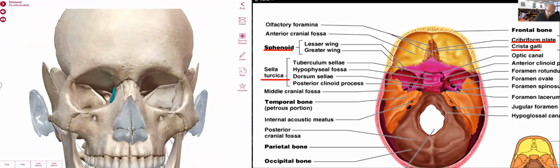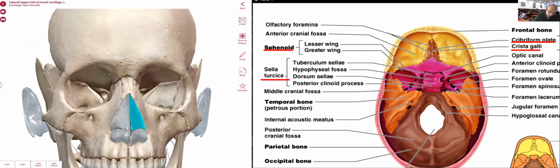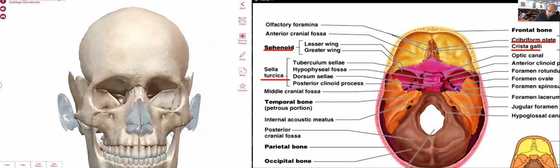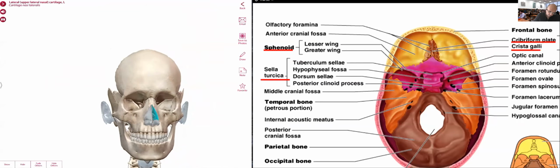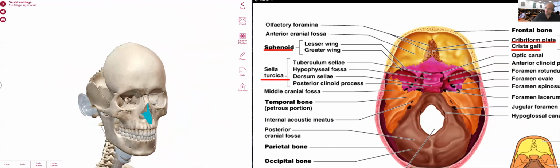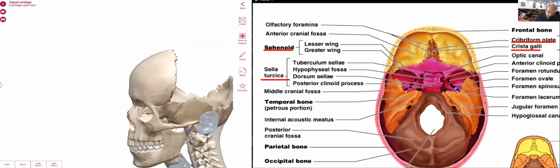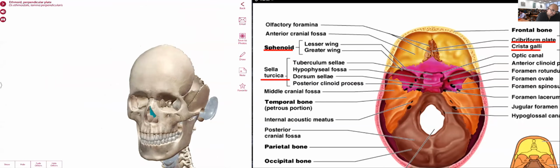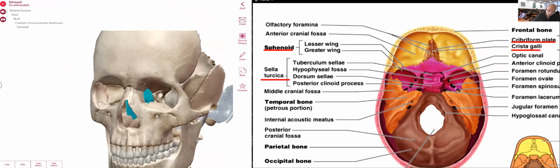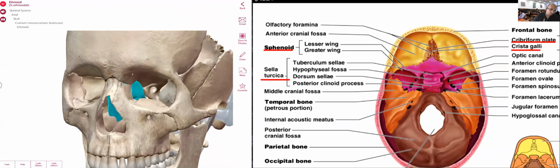So I will remove here the nasal cartilages, and the cartilage part that will share in the formation of the nasal septum. I will mark here. This is my ethmoid bone, and this is how it looks in relation to the other cranial bones.